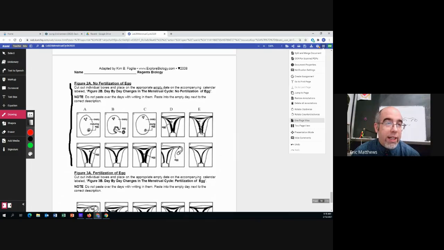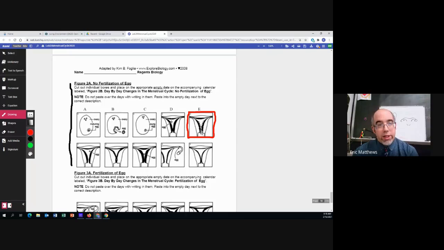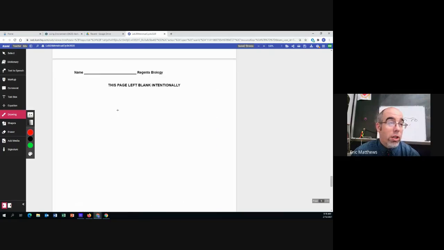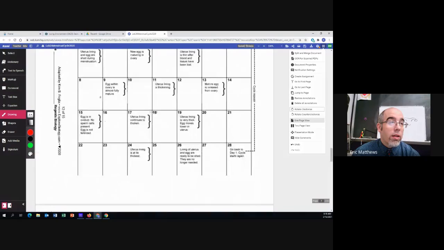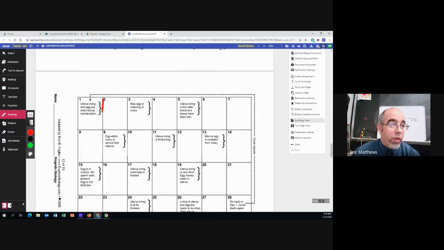But D, this one all the way through the end, any of those have a uterus. Now which one looks like it's being shed? Well, there's only one that looks like it's breaking down. And that's this one. You can see some bleeding and the dissolving of it. So this picture should go right into this blank.